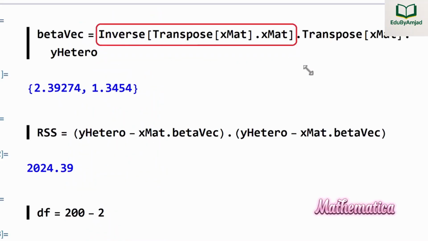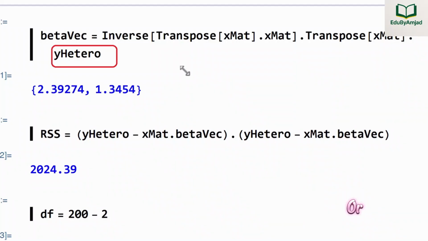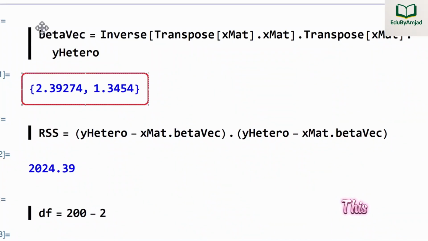In Mathematica, the beta vector is computed as the inverse of x prime x, multiplied by x prime, and then multiplied by the y vector, or y hetero. Using this data, we obtain the OLS estimates of the regression coefficients.